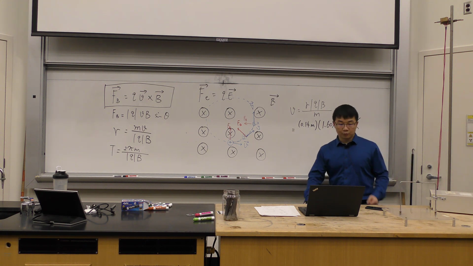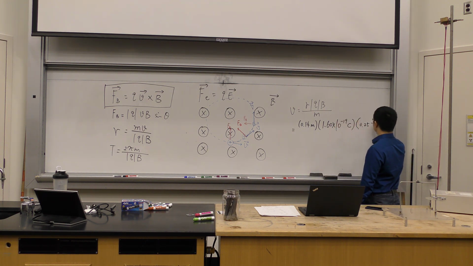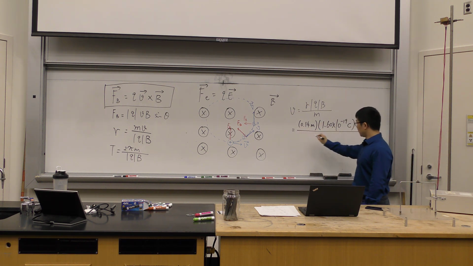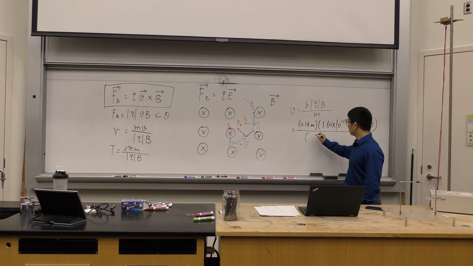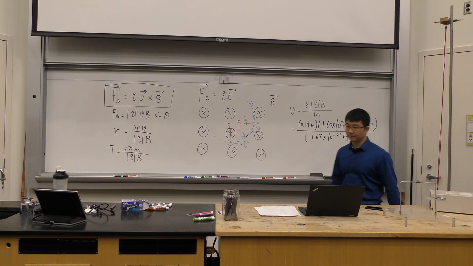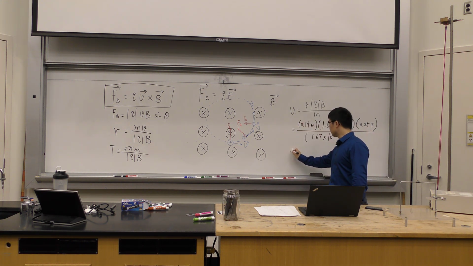Magnetic field, 0.25 Tesla. Okay, so that's now divided by the mass of the proton, that's a constant, a very small number. And then you put all these numbers in, you will find the speed.